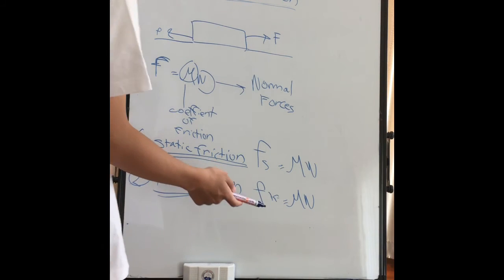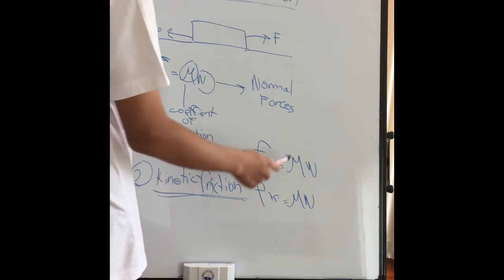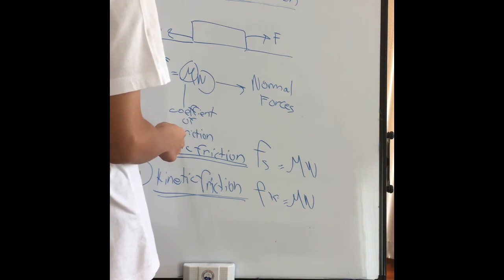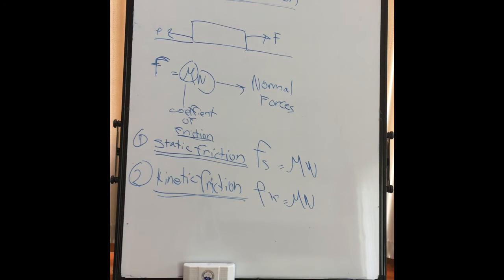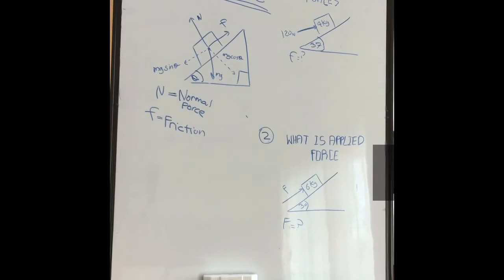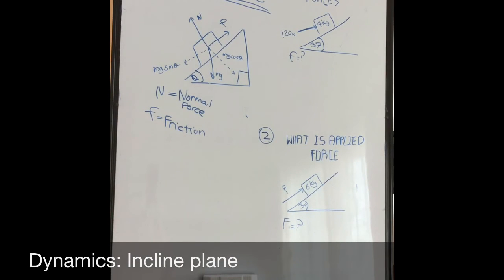So it's exactly the same as this. Mu is the coefficient of friction and n is the normal force.